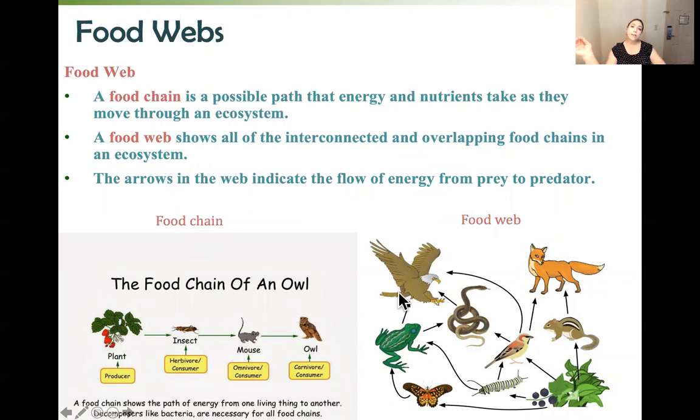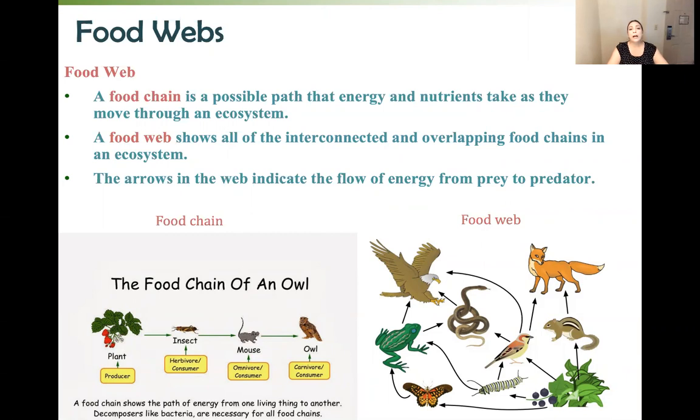So the next step is to learn about food webs. Now I put a food chain here, food chain of an owl, right? And you're probably used to seeing ecosystems demonstrated in that way. But if you think about it, the food chain of an owl is not showing you an ecosystem. It is just showing you what owls eat, right?